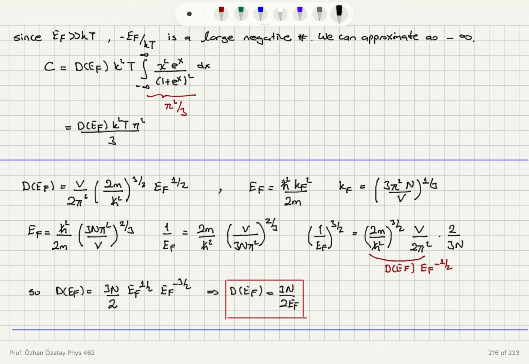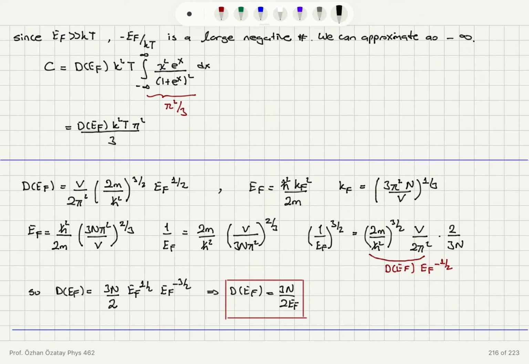So E Fermi, I find, is h bar squared over 2m, (3N pi squared over V) to the power 2/3, because it's kf squared. 1 over the Fermi energy is 2m over h bar squared, (V over 3N pi squared) to the power 2/3.